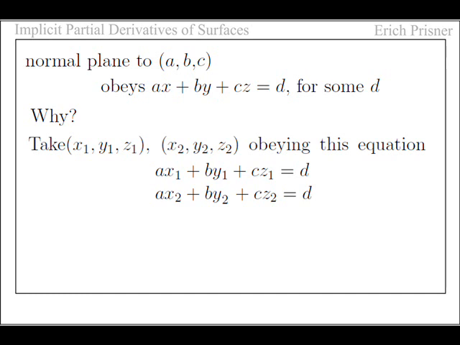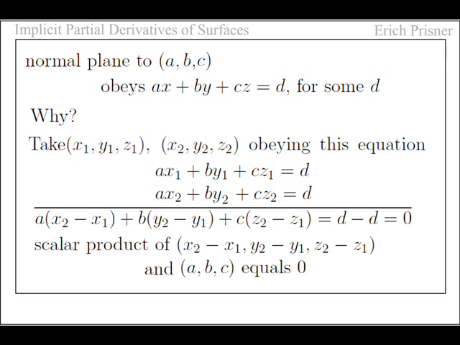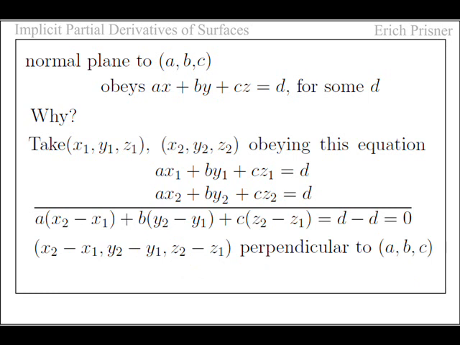Subtracting the two equations, we get a times (x2 minus x1) plus b times (y2 minus y1) plus c times (c2 minus c1) equals d minus d, which is equal to 0. That means that the scalar product of this vector and (a, b, c) equals 0. That means that this vector, which is any vector on our plane, is perpendicular to (a, b, c).